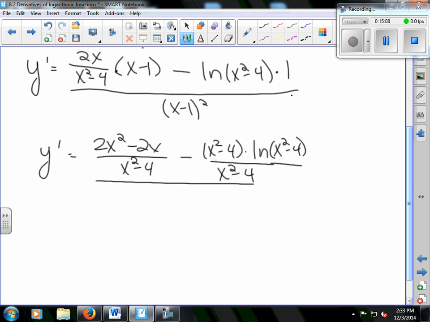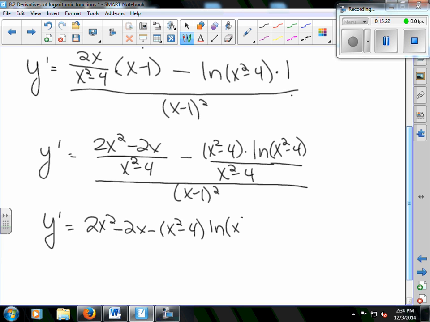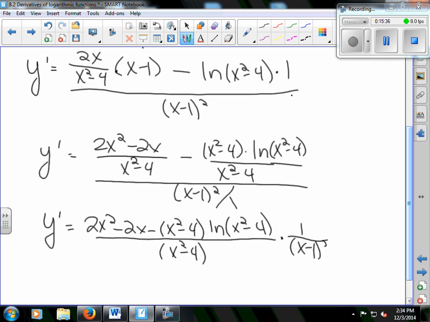And then that would be divided by the original bottom. And so now in the top I have the one fraction of 2x squared minus 2x minus x squared minus 4 natural log of x squared minus 4, all over x squared minus 4. And then you would multiply that by the reciprocal of the bottom. So that's 1 over x minus 1 squared.